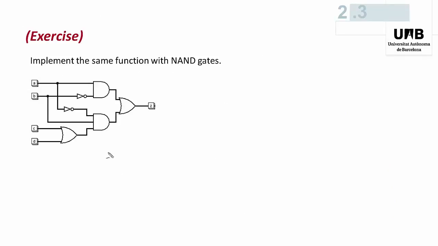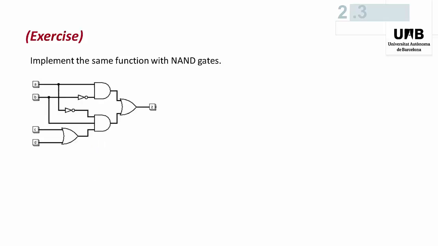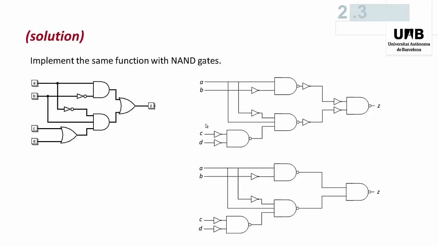As an exercise, consider the circuit made up of OR gates, AND gates, and inverters, and try to implement the same function with NAND gates and inverters. Let us see a possible solution.